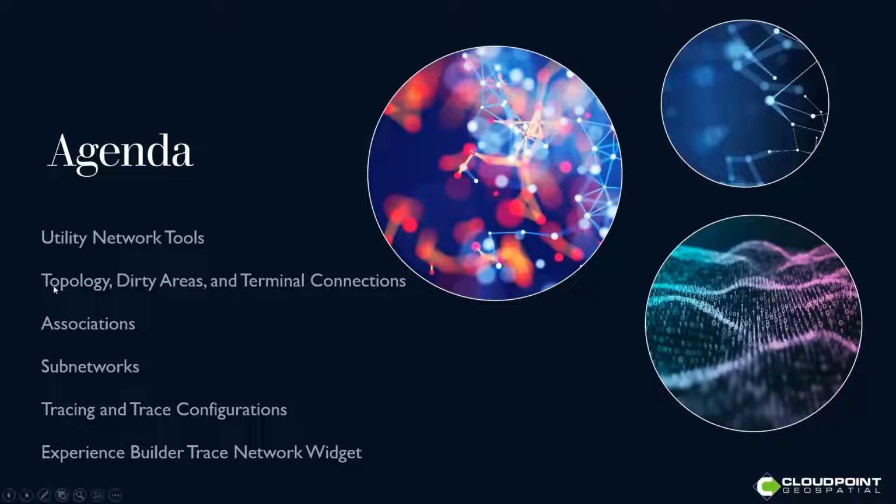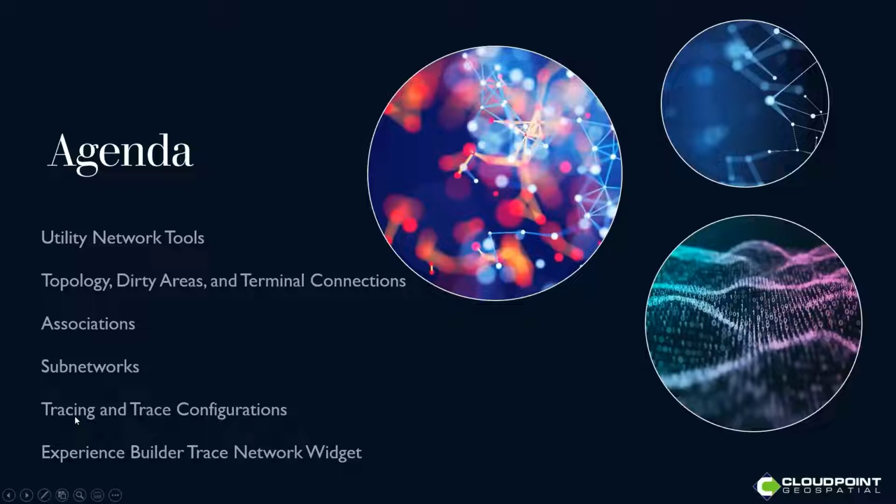Going on to the network toolbar, we'll look at topology and dirty areas. We'll touch on terminal connections. We'll talk about associations and modifying associations. We'll look at what subnetworks are and how you would go about creating a subnetwork.